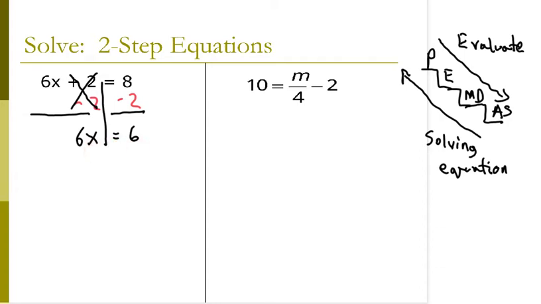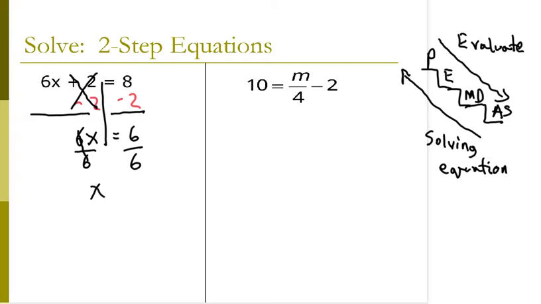The inverse of multiplying by 6 is dividing by 6. Our property of equality says that we have to do the same on the other side of our equation. 6 divided by 6 is 1, and 1 times x is just x. So these undo each other and leave us with just x on the left side of our equation.